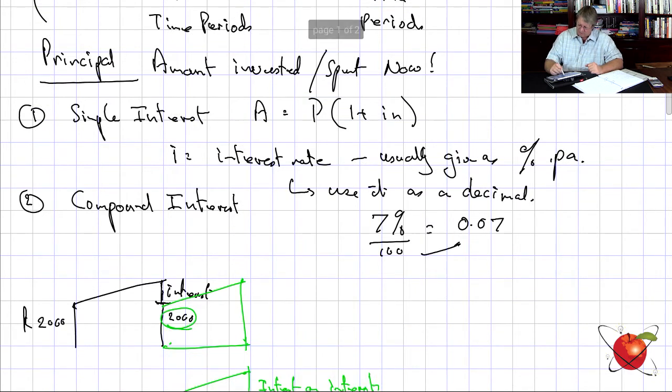Compound interest, I didn't put the formula in here, I thought not. Okay, and we say A is equal to 1 plus I to the power of N times P, right?